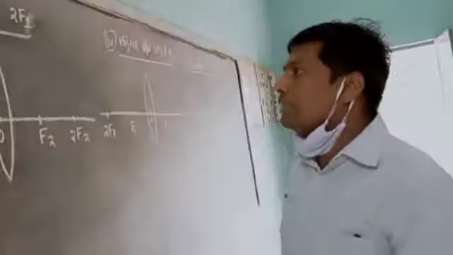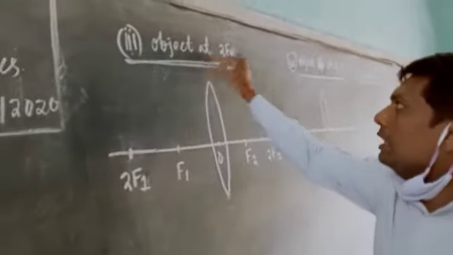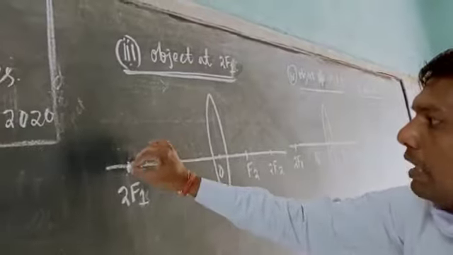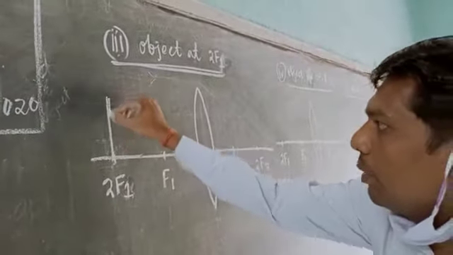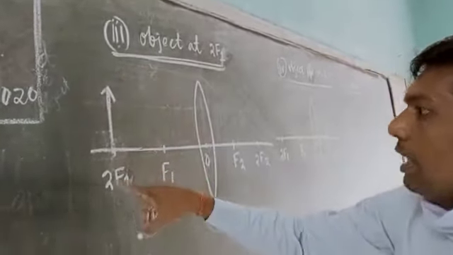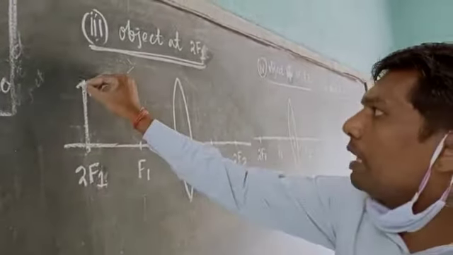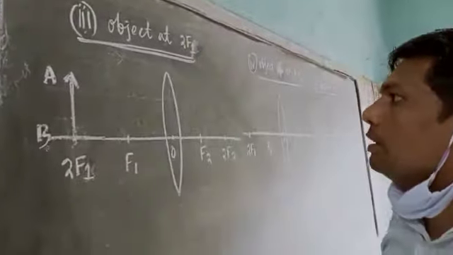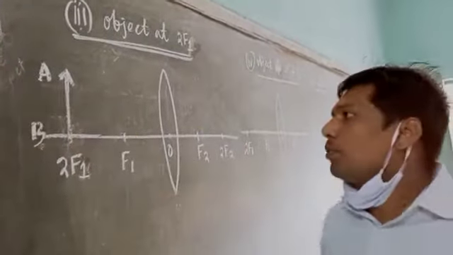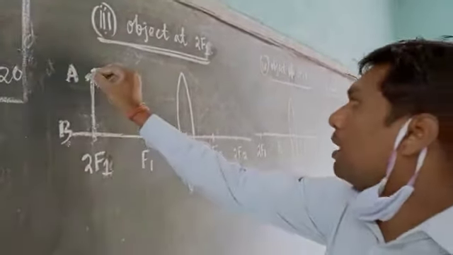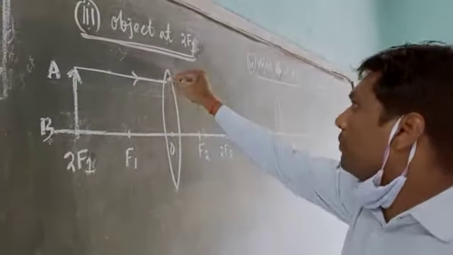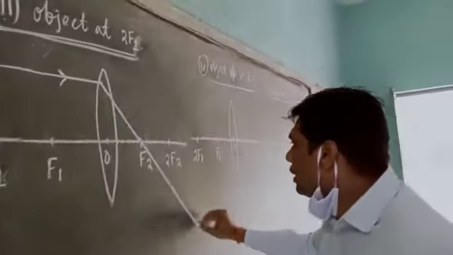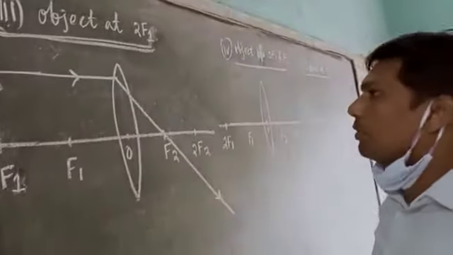So what is the third case? Suppose the object is at 2f1. We name the object A and B, this is the head and this is the tail. The first ray, which is parallel to the principal axis, after striking the lens, passes through the second focus, or principal focus.